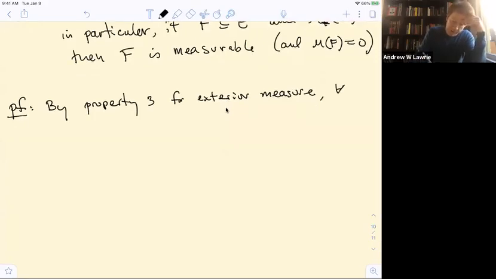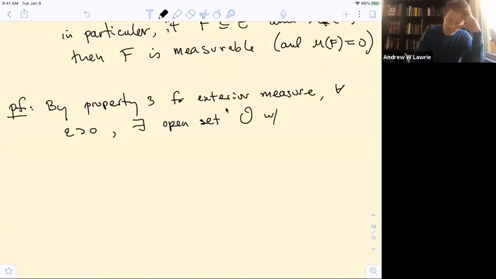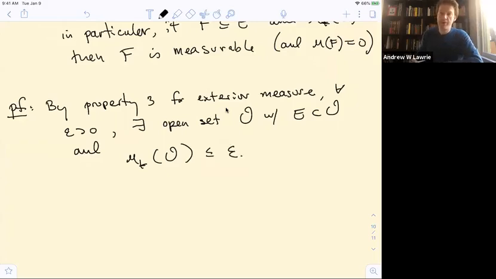For exterior measure, for every epsilon bigger than 0, remember the exterior measure can be obtained by taking the inf over all open sets containing the set. For every epsilon bigger than 0, there exists an open set O with E inside O and mu star of O less than or equal to epsilon.